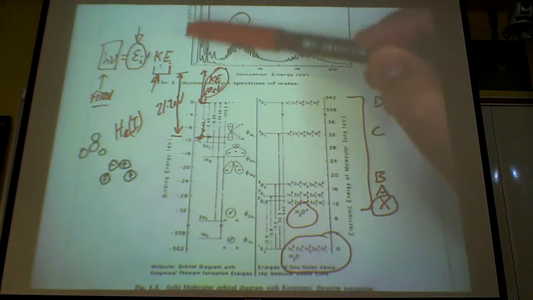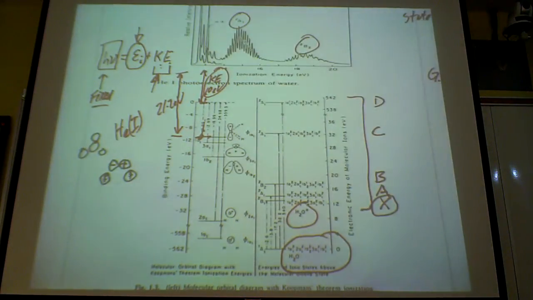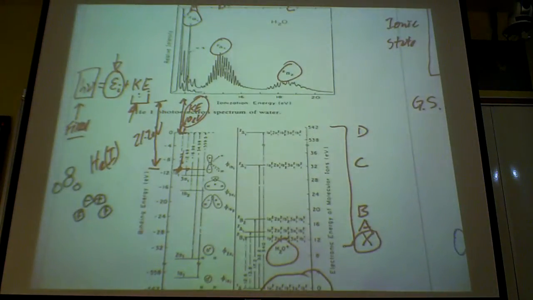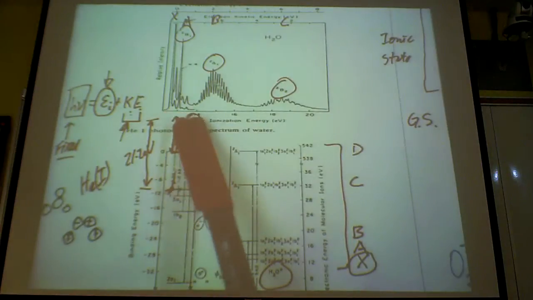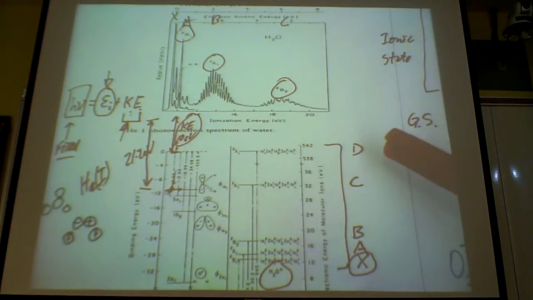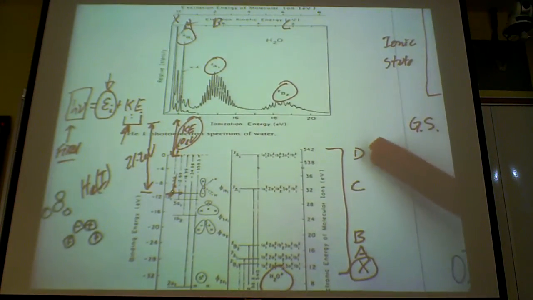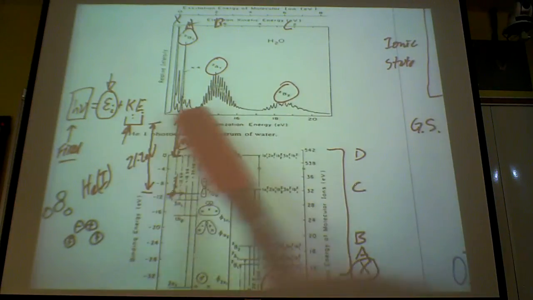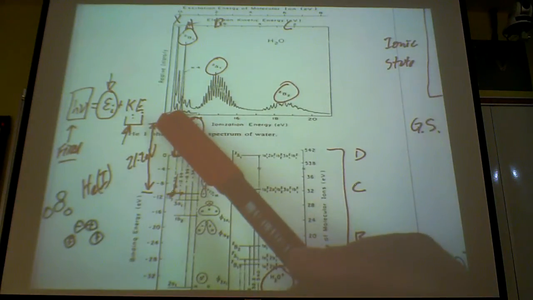You can see this peak right here, and in your photoelectron spectrum, that's what you see. You see the ionization energy, which corresponds to the binding energy, around 11 electron volt right here.